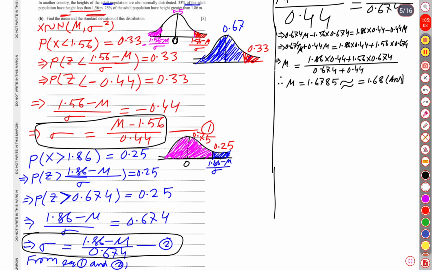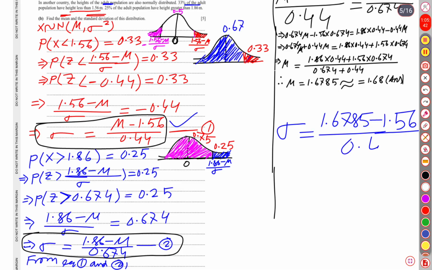Well, now we'll have to find the standard deviation. Standard deviation sigma is equal to what? Any of the equations can be picked up. If we write the first equation, mu is 1.6785 minus 1.56, divided by 0.44.